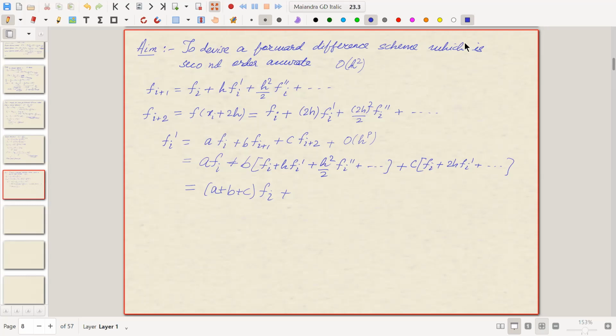What will be those f i prime terms? B plus 2C h. Try to eyeball it. You can do it in your notebook, but I suggest you try to eyeball; your brain will work.